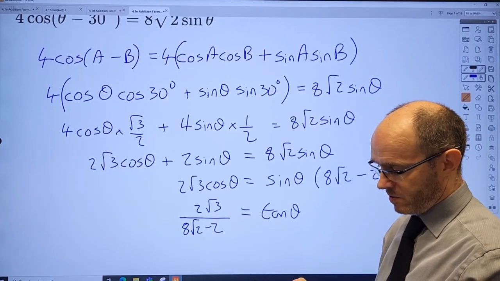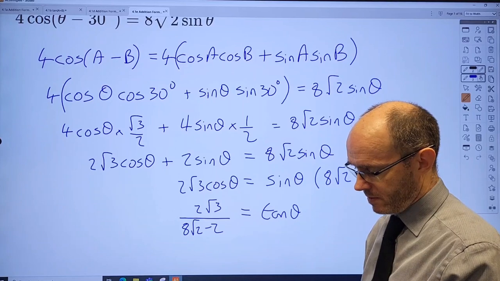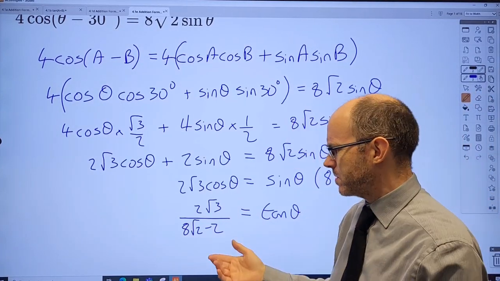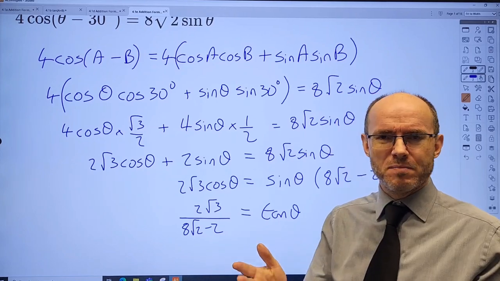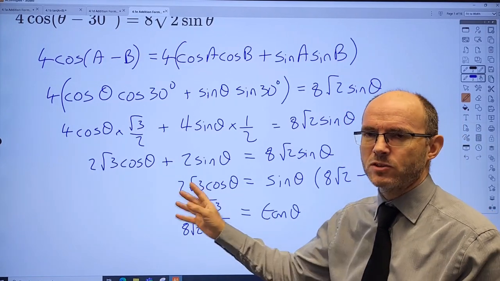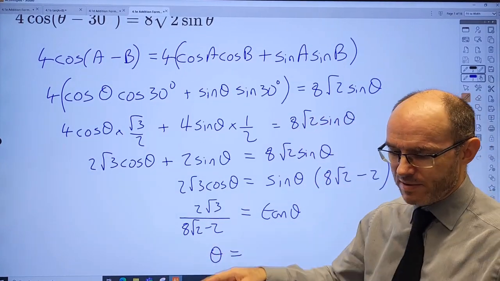So it's 2 root 3, there we go. Of course, it's given to me as a surd in its simplest form, 4 root 6 plus root 3 over 31, which of course it is for your rational denominator, but we don't care about that. We just want to know what that number is, so we can do the inverse tan of it.